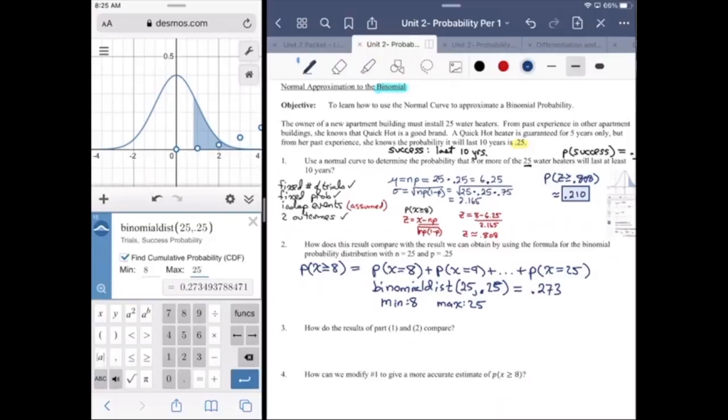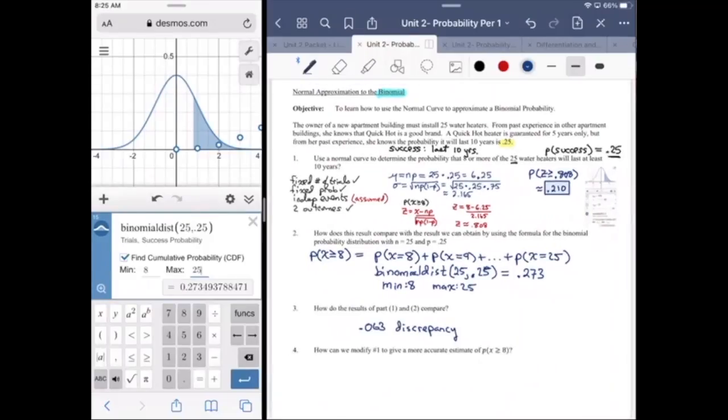So there's a 0.063 discrepancy. A question would be, how do we get to the 0.273? The short answer is we changed number 1, because number 2 is right. Number 2 is using appropriate binomial techniques. We know it's a binomial distribution. We need more area.